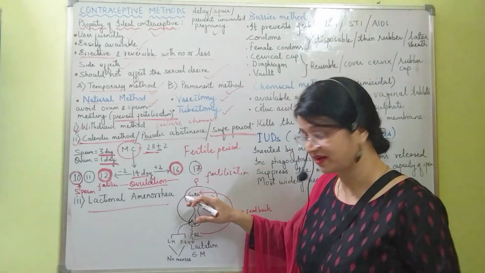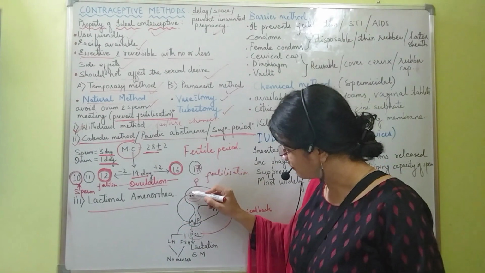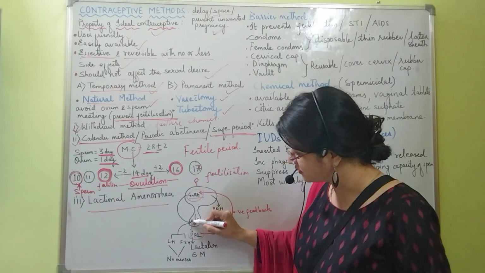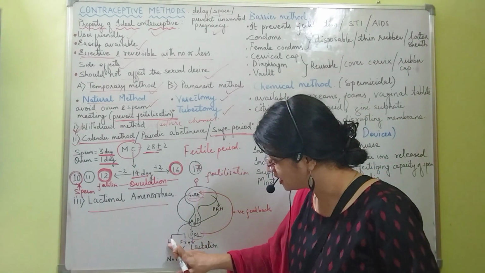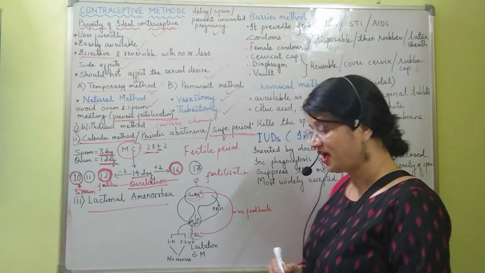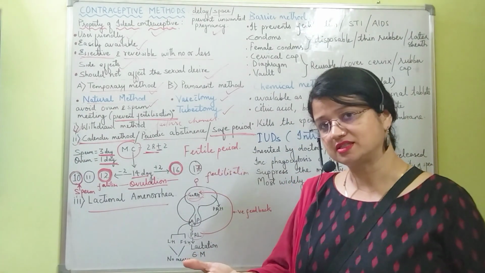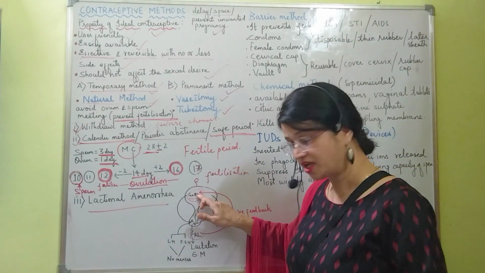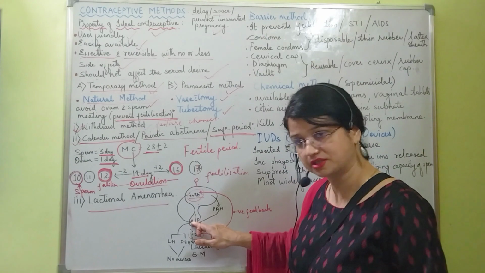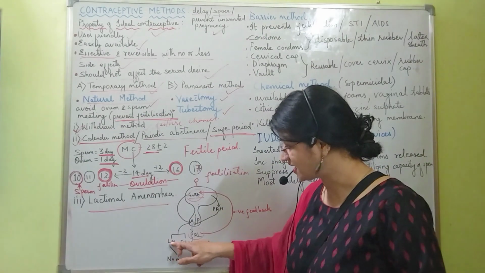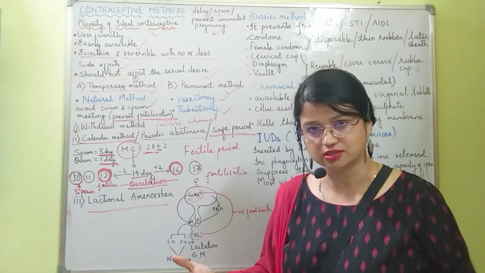When this GnRH is not secreted, what will happen? It will not activate the anterior pituitary to release LH and FSH. If it is not clear, just see here. In normal days, if I am not talking about the lactational period, GnRH stimulates the anterior pituitary to secrete LH and FSH, and if LH and FSH are secreted, then menses takes place.